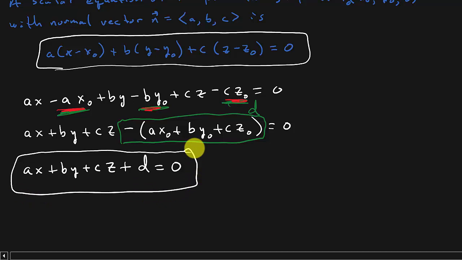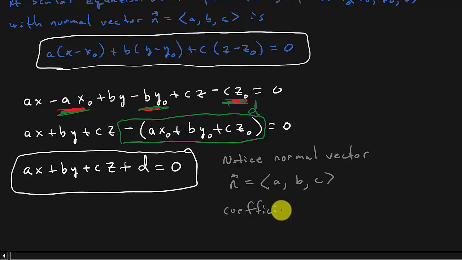One thing to notice is that the normal vector n is A, B, C. That's the coefficients of x, y, and z. There's your normal vector right there.